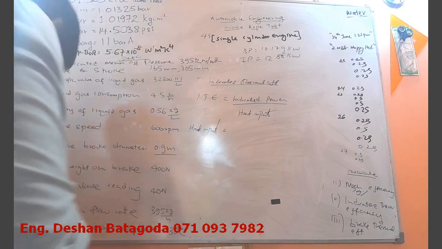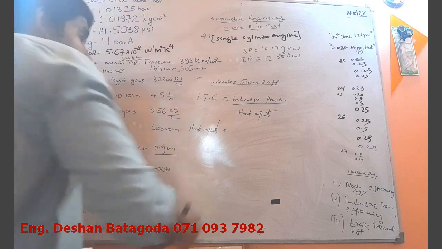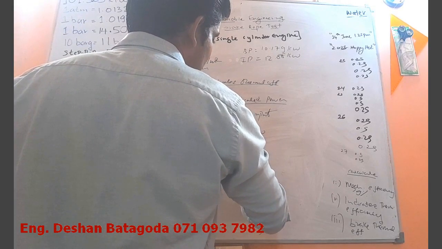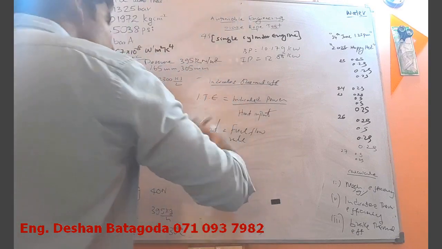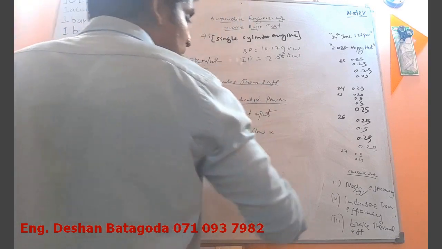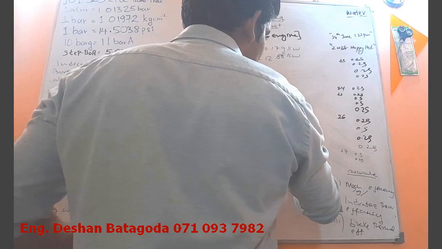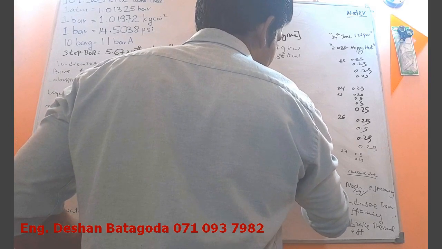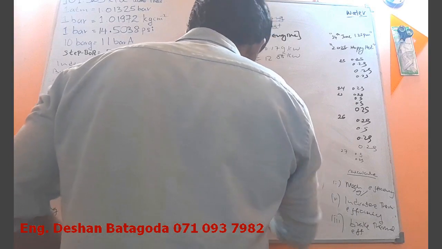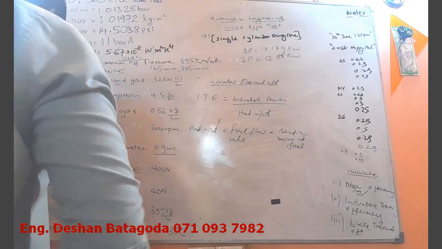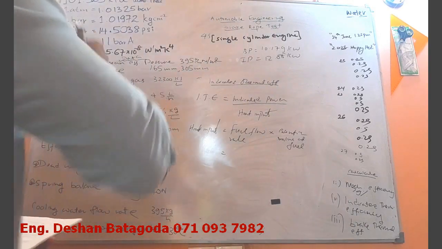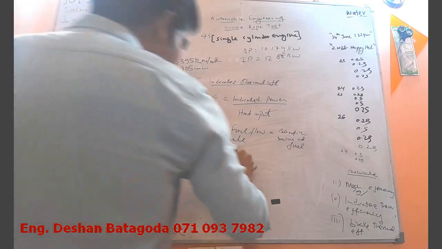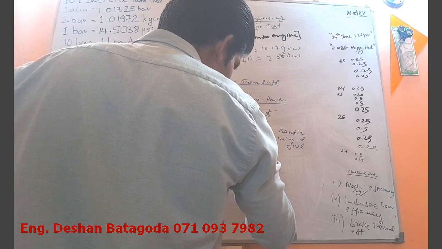So heat input equals fuel flow rate multiplied by calorific value of the fuel, a very simple equation. What is the fuel flow rate? The liquid gas consumption is 4.5 liters per hour.